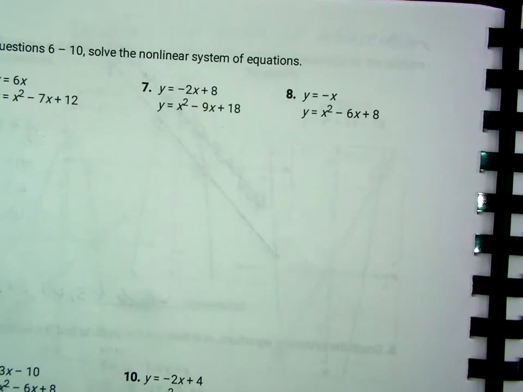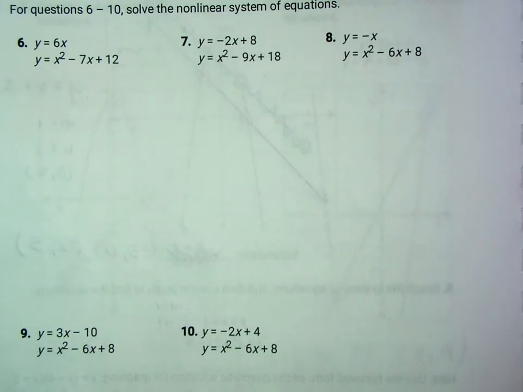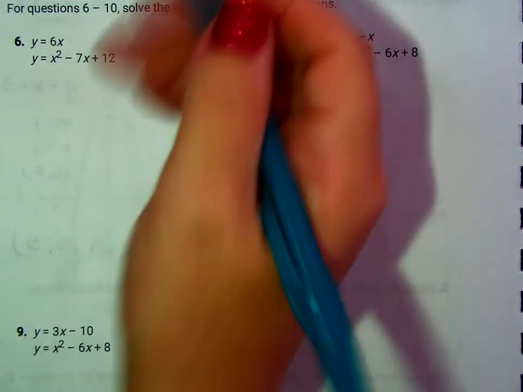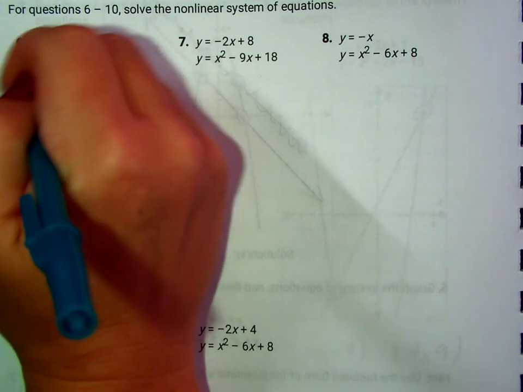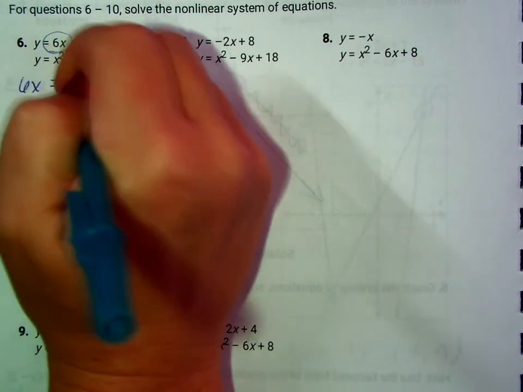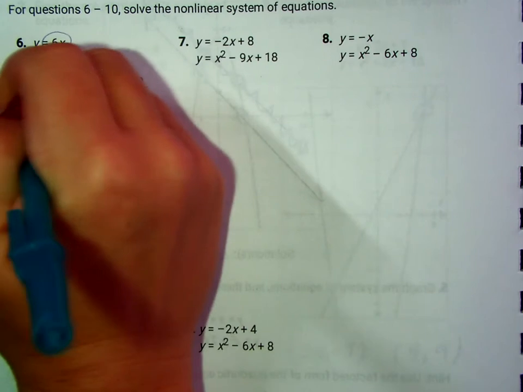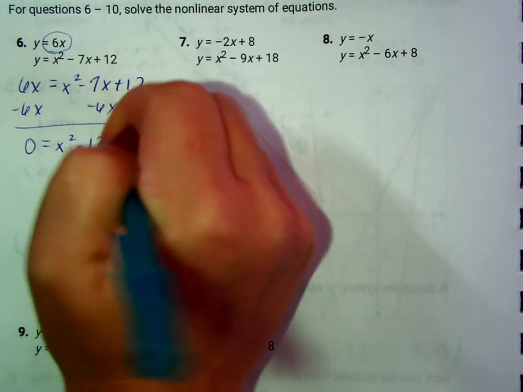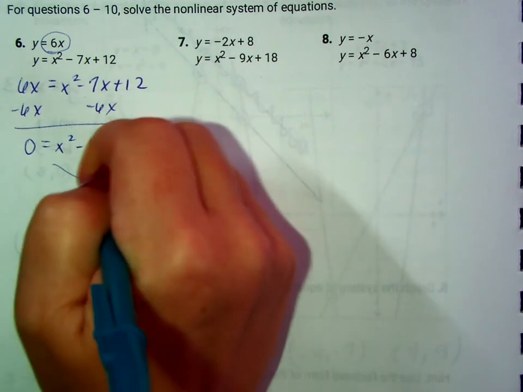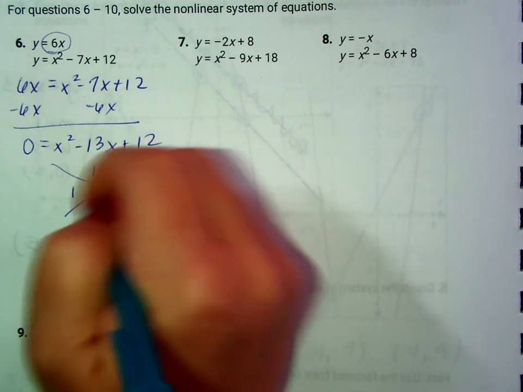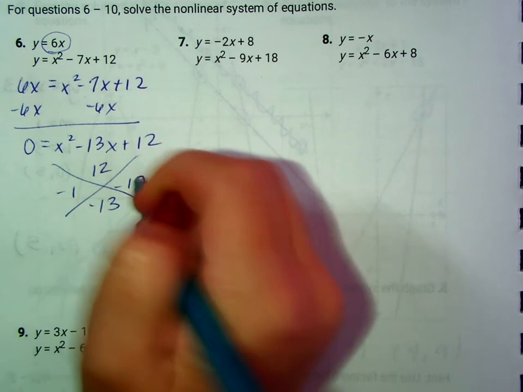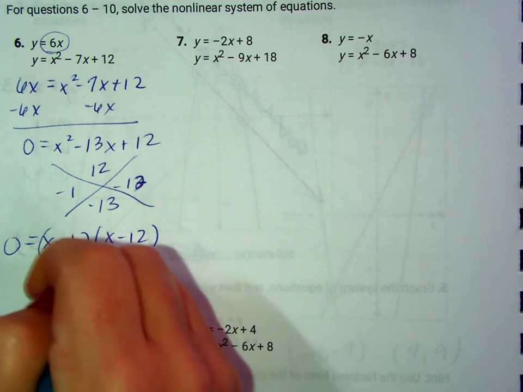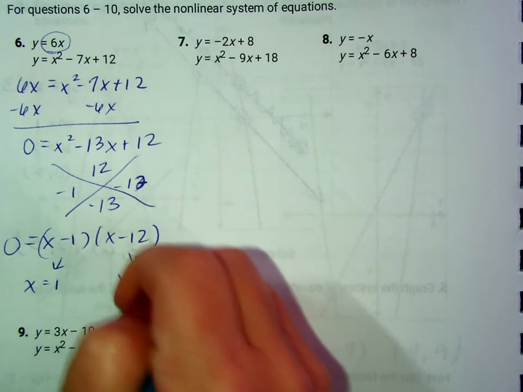All right, on this last part, we are going to be doing the algebra, figuring out where these are touching exactly by using the algebra. So taking the 6x and plugging it in, and then minusing it from both sides, what times what equals 12 and adds up to -13? My two factors are x minus 1, x minus 12. So my solution is 1 and 12.